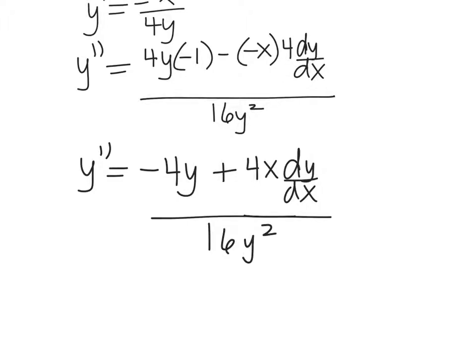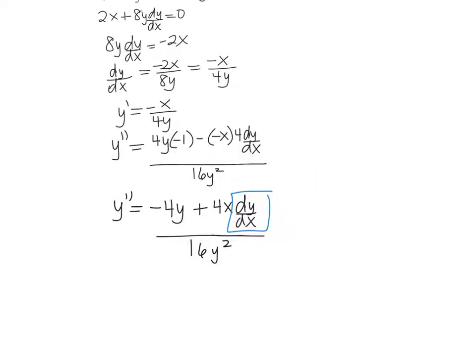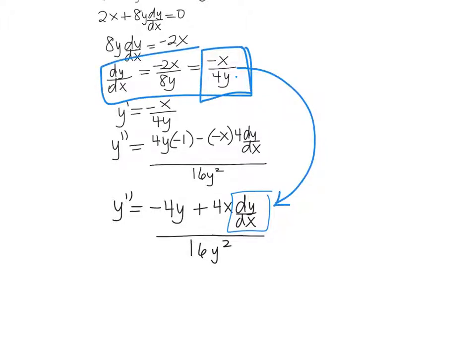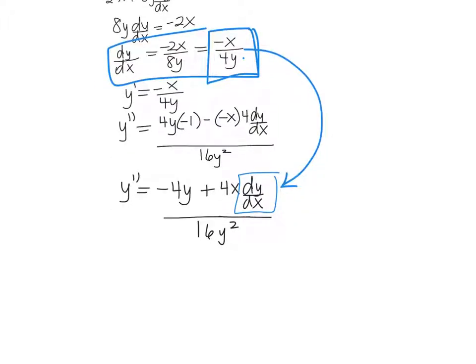Okay, now we're going to use substitution. See this dy dx? What was that equal to? Oh, there it is. It's equal to negative x over 4y. We have the first derivative right here, and we found it way back here. We need to now substitute that back in.